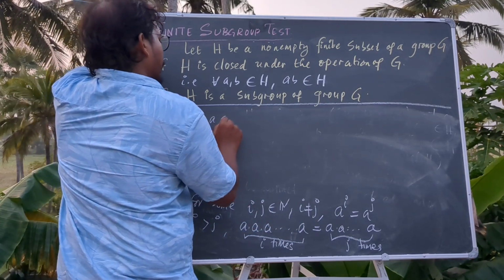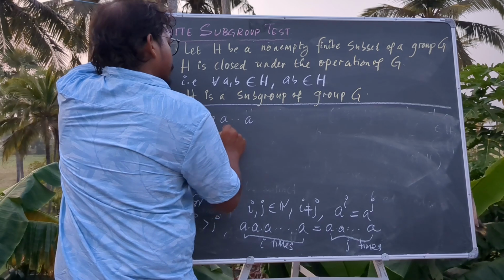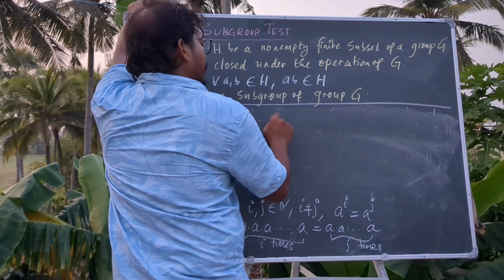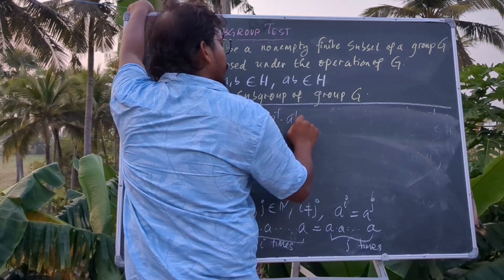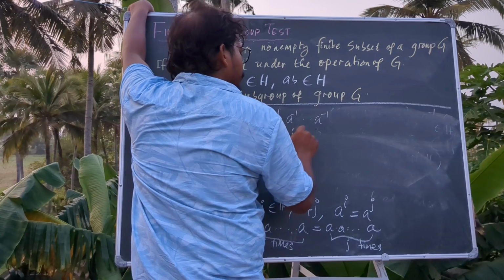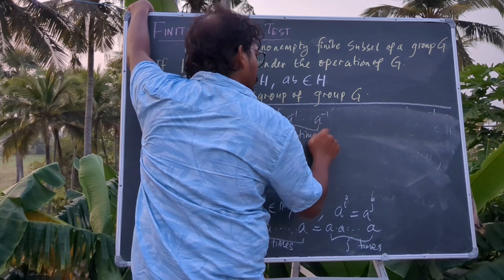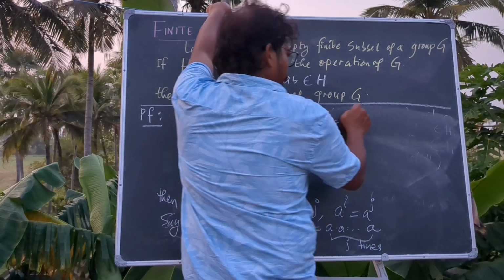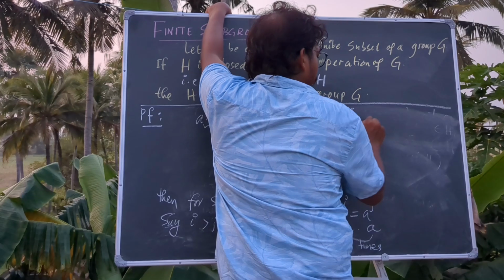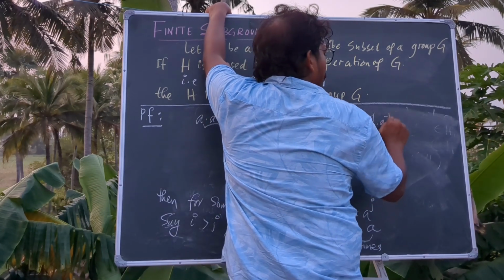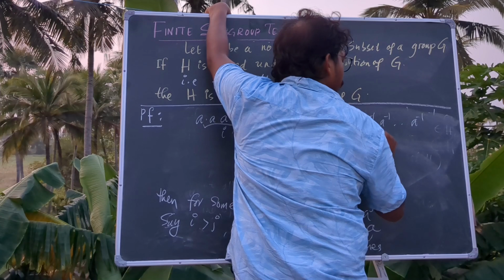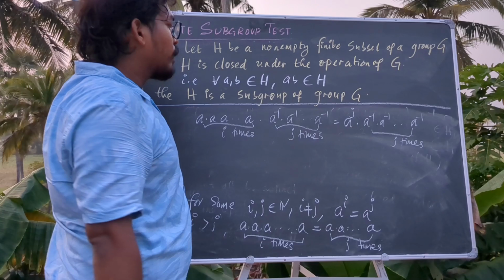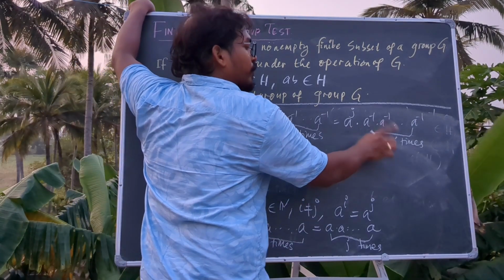We have a, i times, and I am operating a inverse, j times. On the right side I will have a, j times, then a inverse, j times.